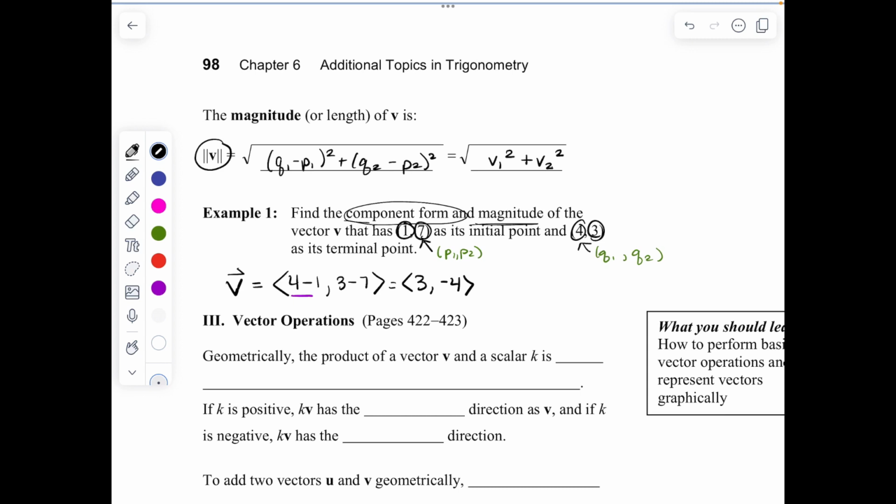So that's the component form of the vector starting at 0, 0. It would look something like this. If I'm starting at 0, 0, it would go over 3, down 4. So this is the vector and what it would look like.